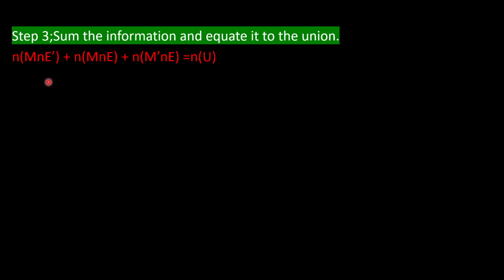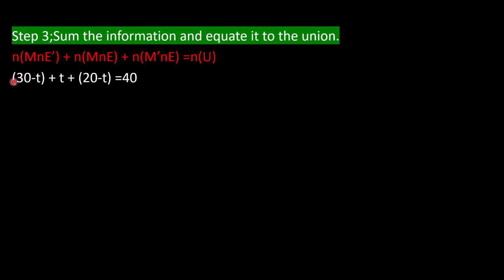So region M only is this part, plus the number of M intersection E, which is the intersection, plus the number of M complement intersection E. So M complement intersection E means E only. So region M only plus the intersection plus the region E only, or the English only, equals the number of U, or the total set U.